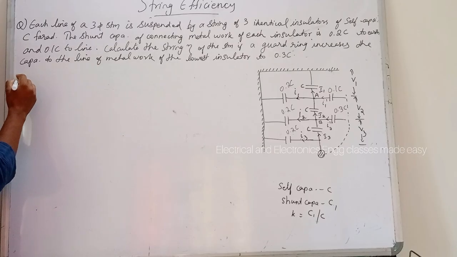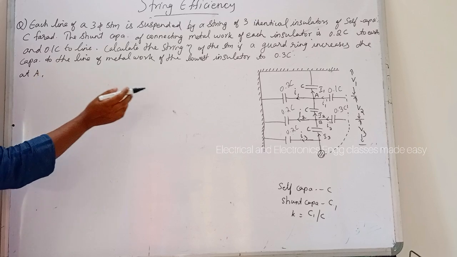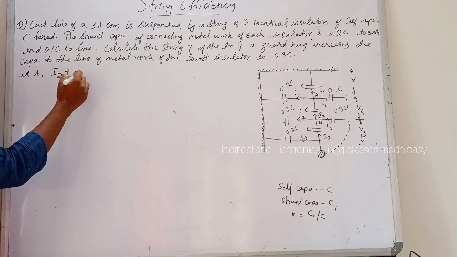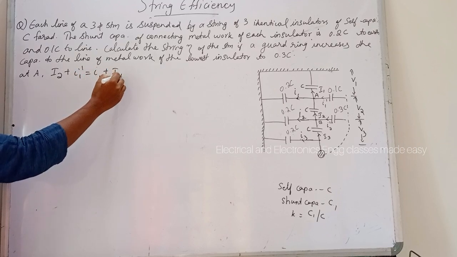So here at node A, applying KCL, we will get I2 plus I1 dash is equal to small I1 plus capital I1.